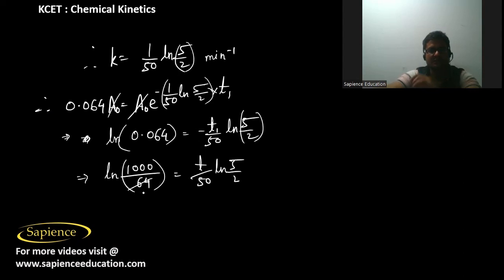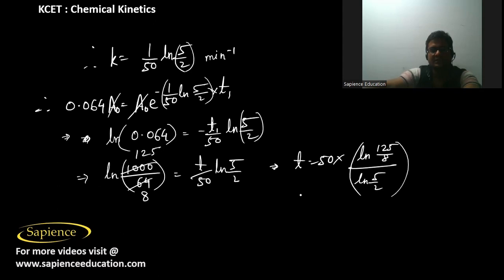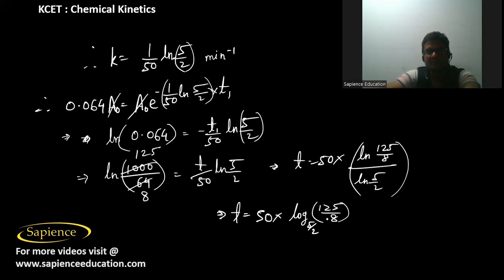Now this is 4, or I can say 8 8s are 64, 8 1s are 8, 8 2s are 16, 8 5s are 40. So therefore t equals 50 into ln 125 by 8 divided by ln 5 by 2. Or I can say this will be 50 into log of 125 by 8 base 5 by 2.